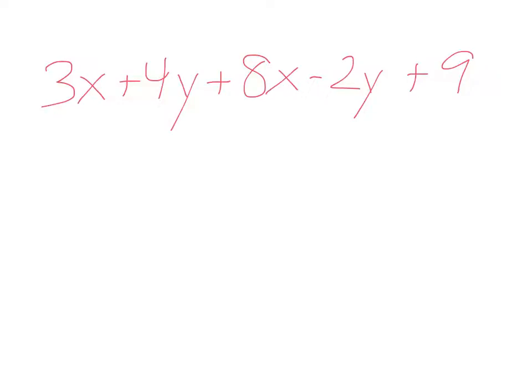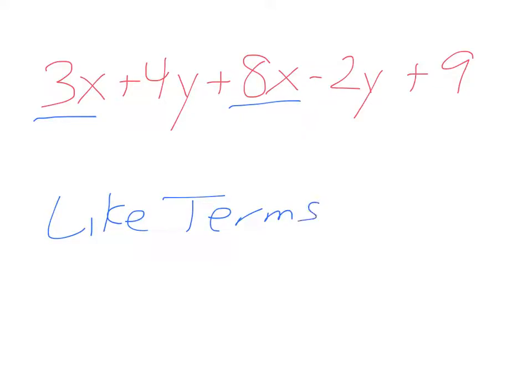But some of these terms, like 3x and 8x, are what we call like terms. And like terms are terms that have exactly the same variable. There's another pair of like terms, which is 4y and negative 2y. And of course, then we have, obviously, the constant.